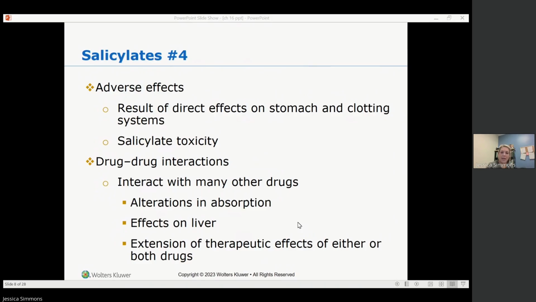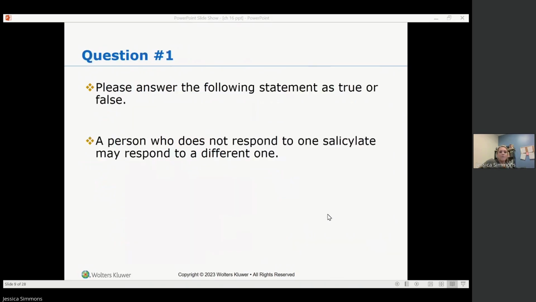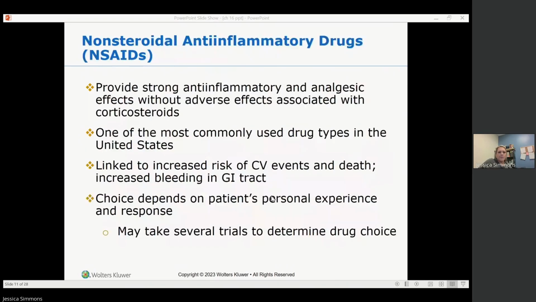Activated charcoal is the antidote for salicylism toxicity. Question 1. A person who does not respond to one salicylate may respond to a different one. That is true.